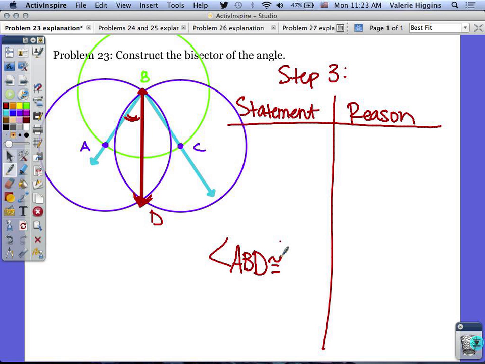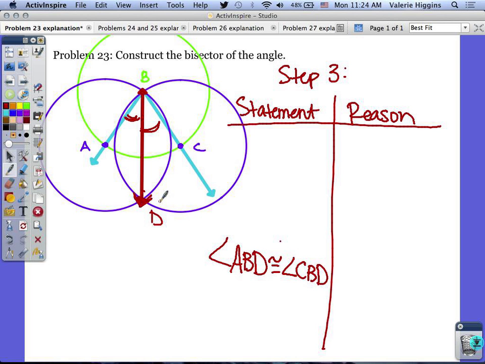Angle CBD. You have to say B in the middle. So you can say CBD or you can say DBC. Why do you have to say B in the middle? Because you have to follow the order of the angle. So if you say BDC, that would be like this angle.